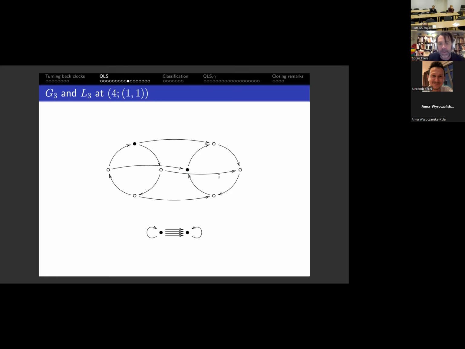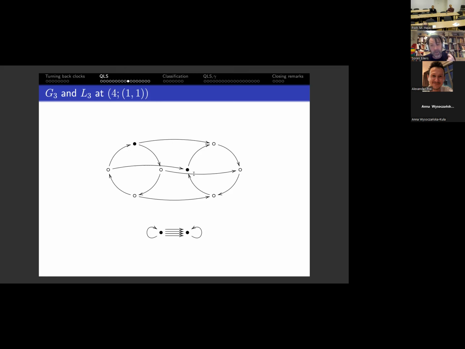Right? So my claim is that here I have 4 vertices, 4 edges down here. And this is precisely because I can go, okay, I should show. I can go, this is 1. I can go, this is 2. I can go, this is 3. I can go, this is 4. Right? So there's 4 different ways I can go from a black vertex to a black vertex between two different black vertices.